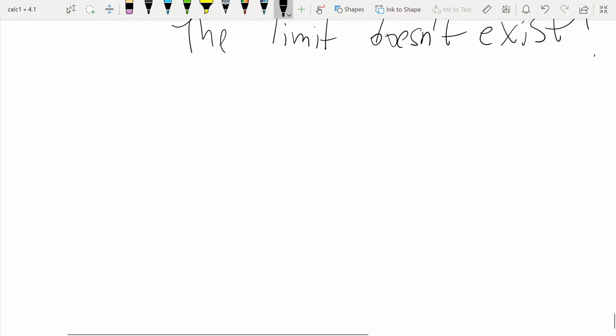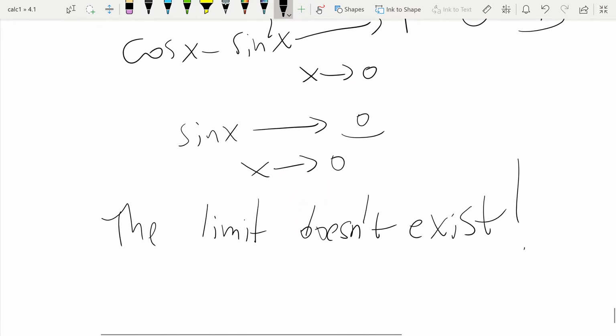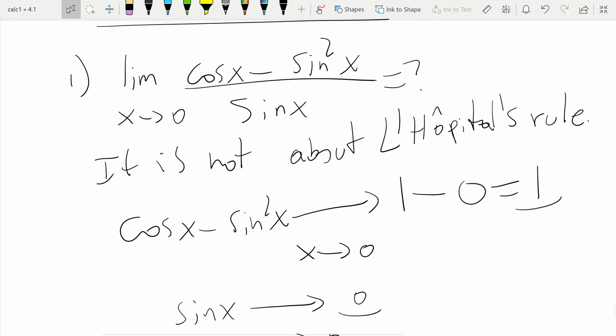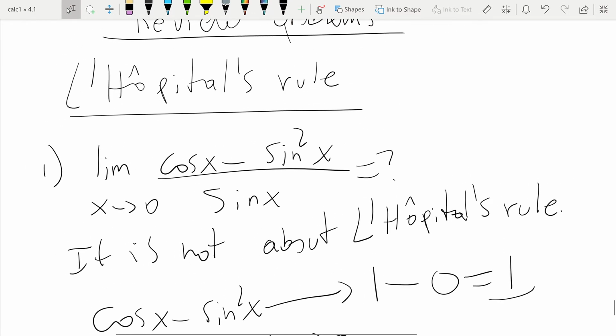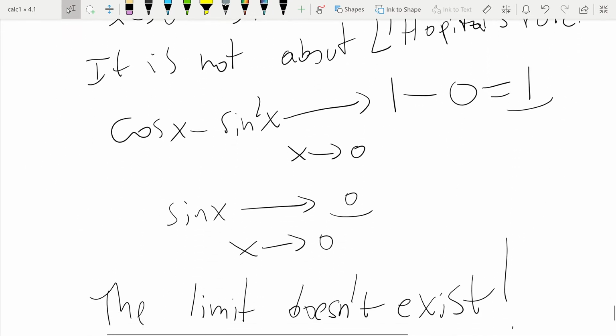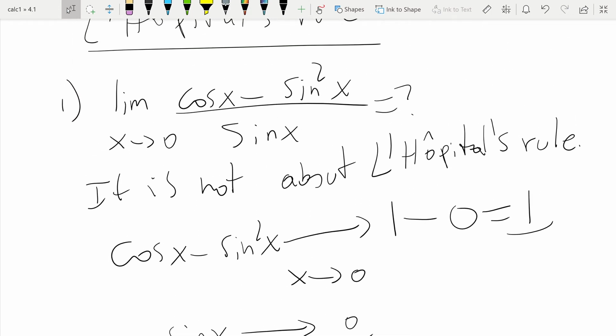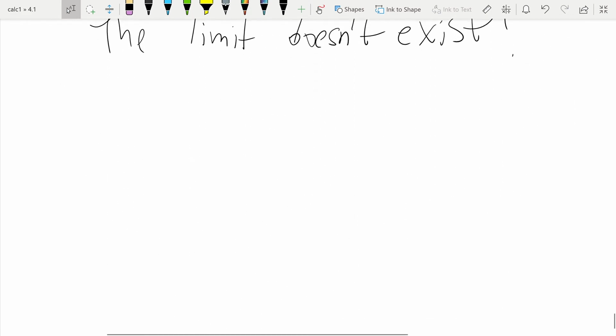Okay, so this is a great question, and it is asked somewhat often. This type of question is one where you may think that you need to apply L'Hopital's rule, but you don't have to. Okay, so now another problem.